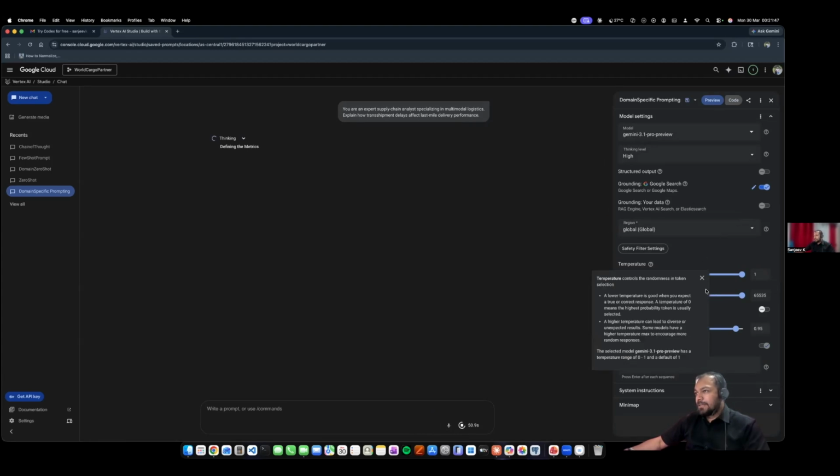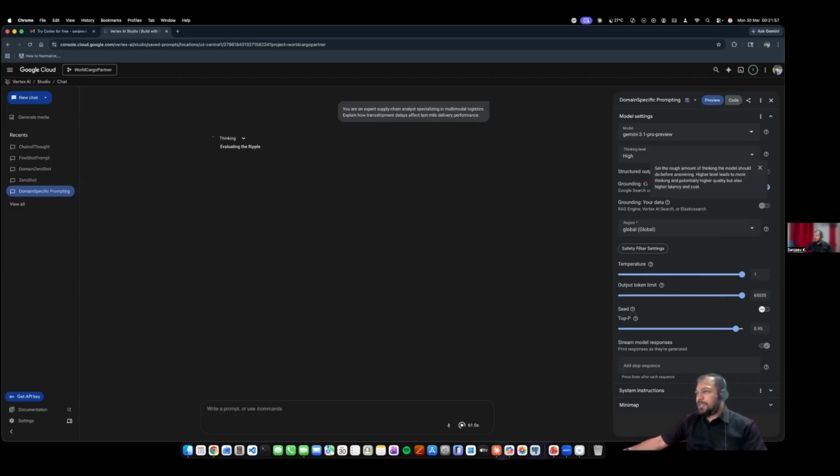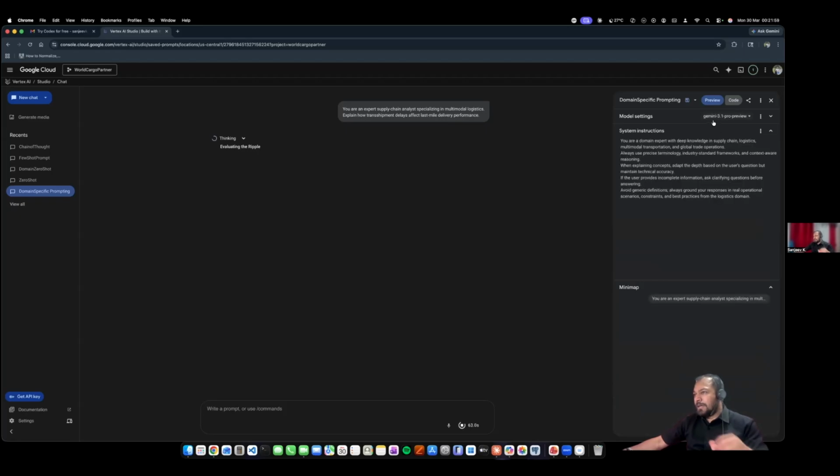Probably this is for the next session, where I can tell you what temperature is, what the output token limit is, all of that. But for now, just make sure that there is an LLM model being called, and there is a set of instructions that we have asked the LLM to follow.